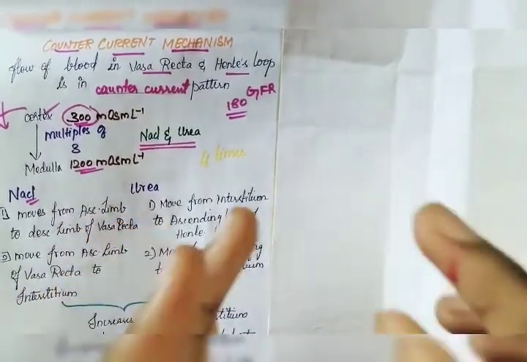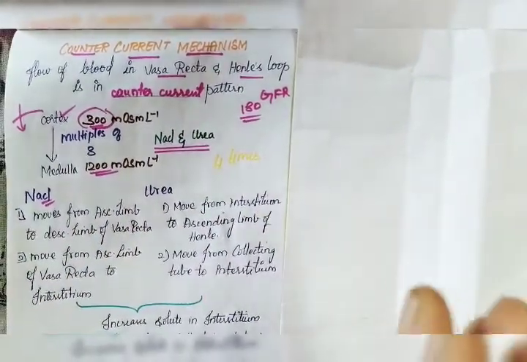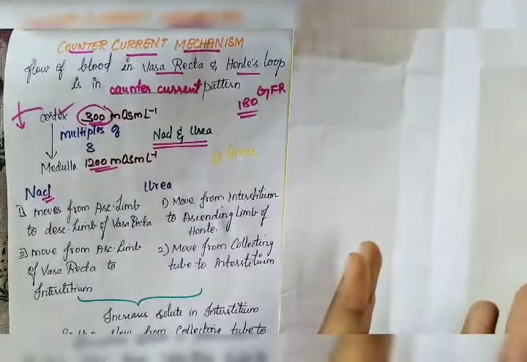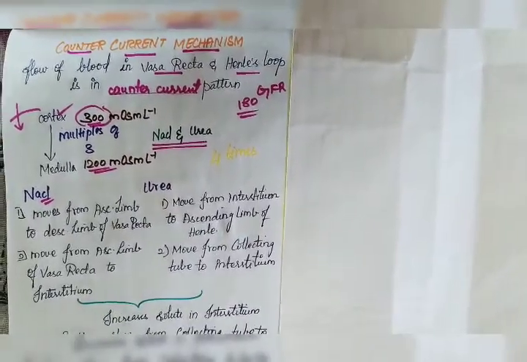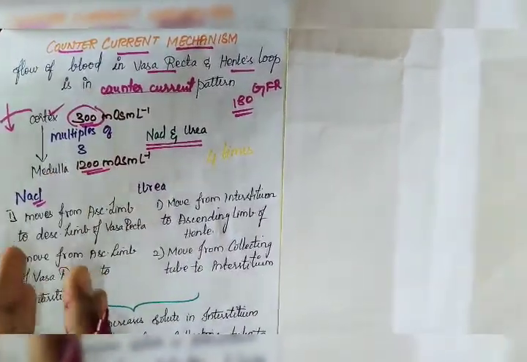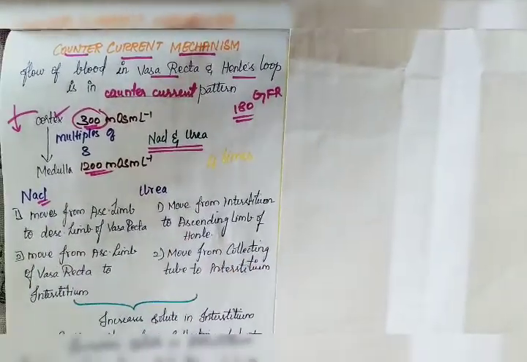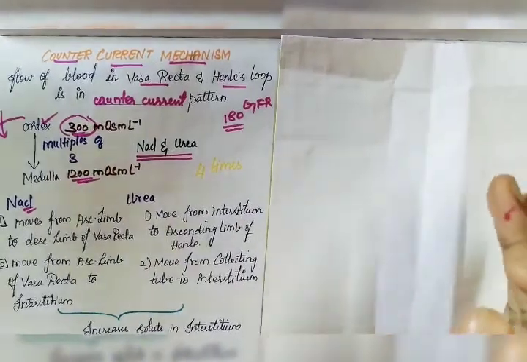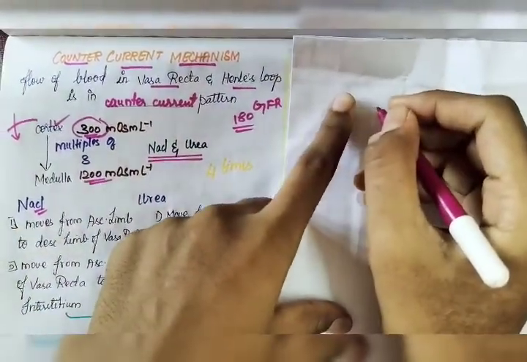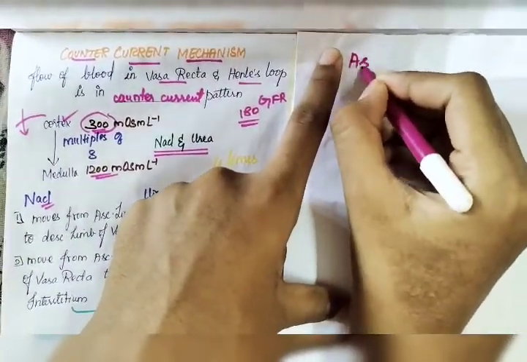This ascending limb is permeable to electrolytes, impermeable to water. But the descending limb of Henle's loop is permeable to water but impermeable to solute. Keep that in mind.